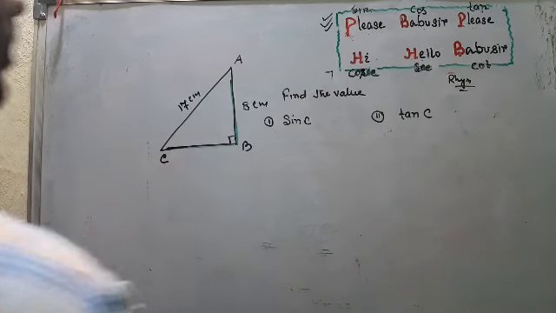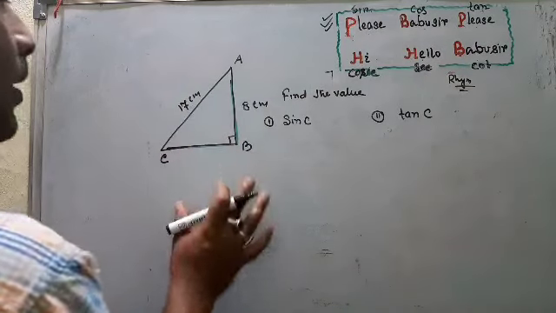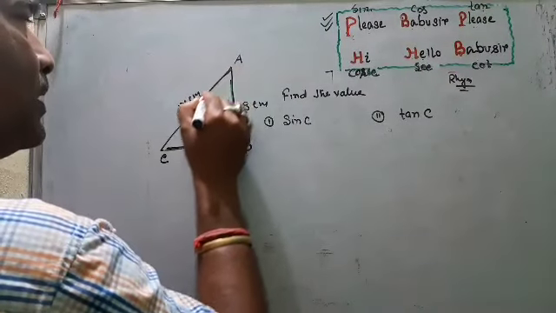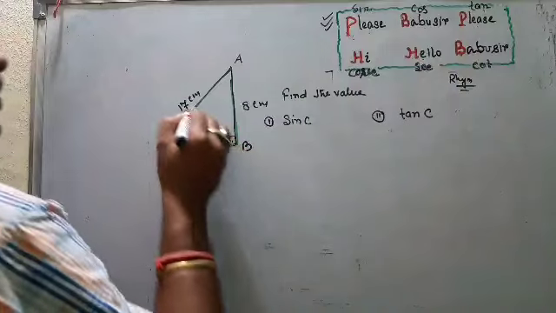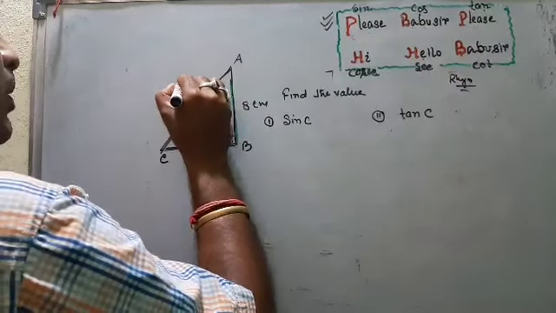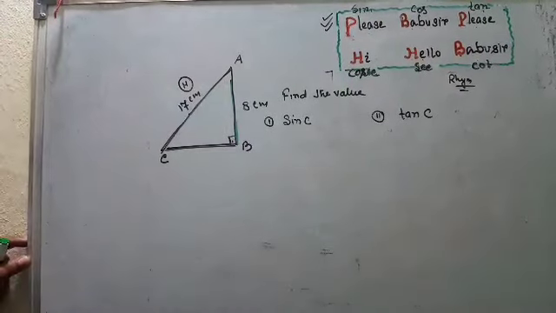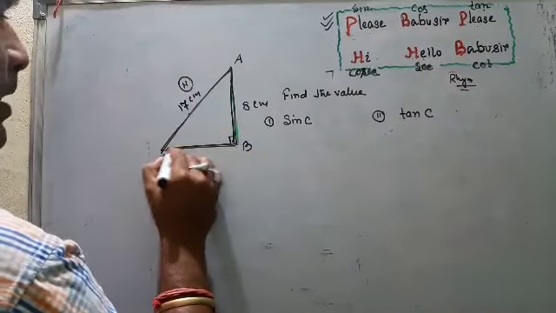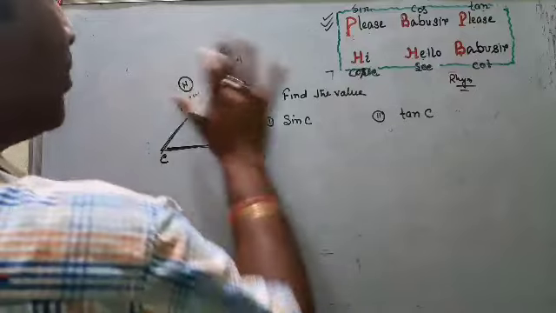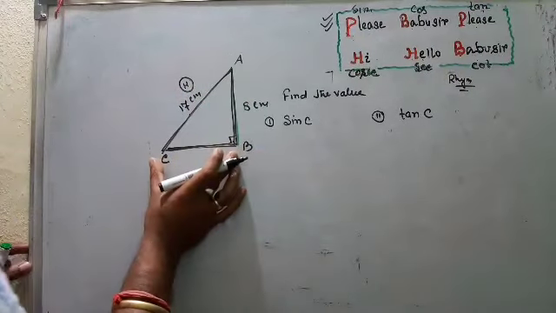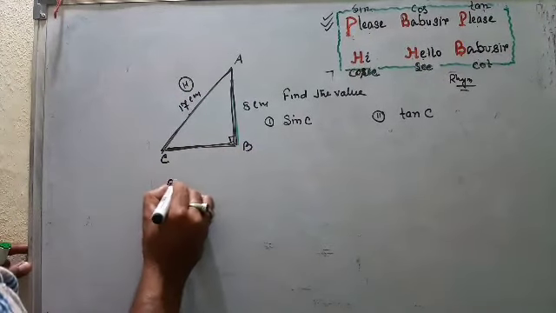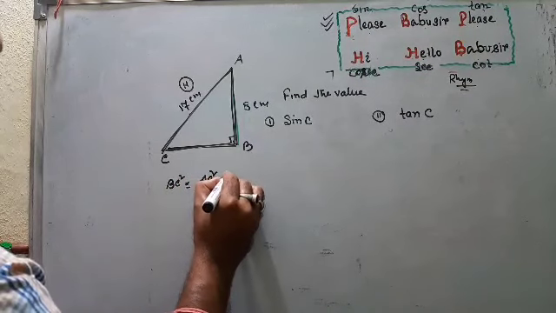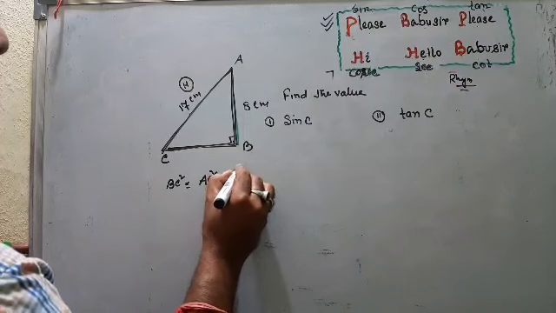Okay, so how do you find it? First, by Pythagoras you have to find the remaining side. One side, the hypotenuse, is confirmed, this one, because the side opposite the right angle is the hypotenuse. So this one is my hypotenuse. Now I don't know whether AB or BC is perpendicular, no need. First, by Pythagoras you can find the value of BC. BC square is equal to hypotenuse square minus perpendicular square.